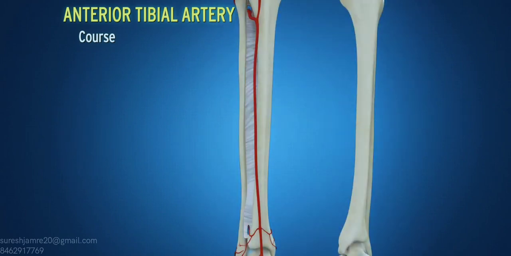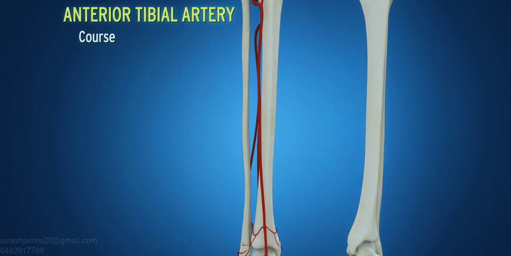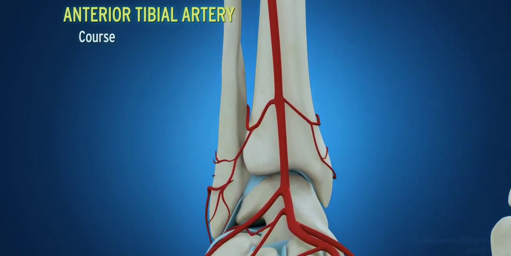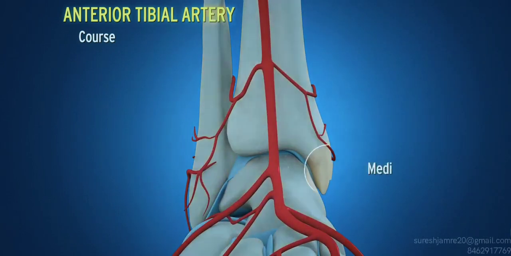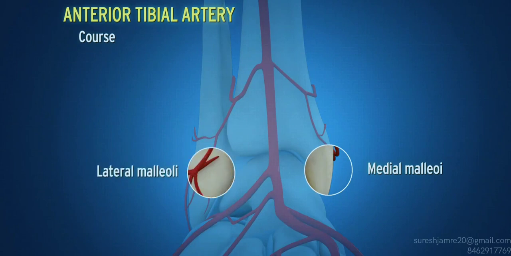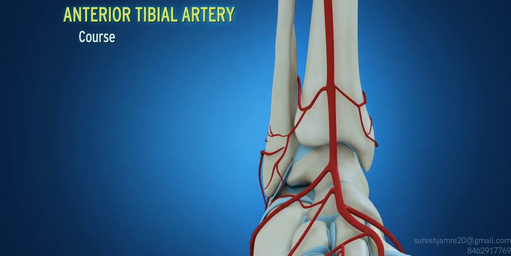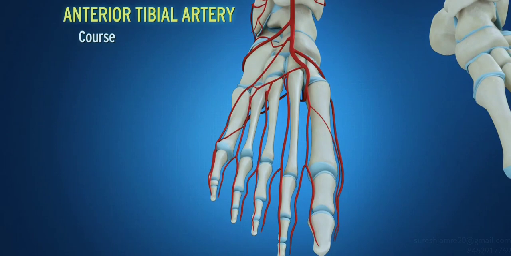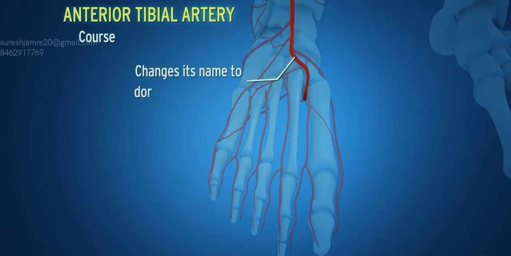In the anterior compartment, it runs vertically downward to a point midway between the medial and lateral malleoli, where it enters the foot and changes its name to dorsalis pedis artery.